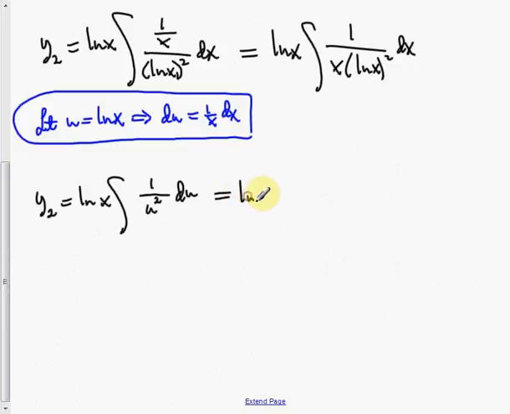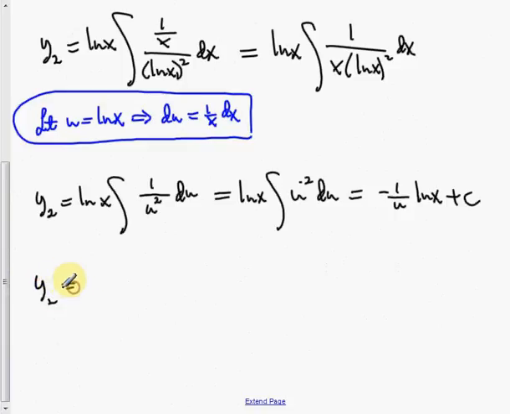So this is the natural log of x times the integral of u to the negative 2 du. So this is the natural log of x times u to the negative 1 divided by negative 1. So this is negative 1 over u times the natural log of x plus some constant. And u is the natural log of x.